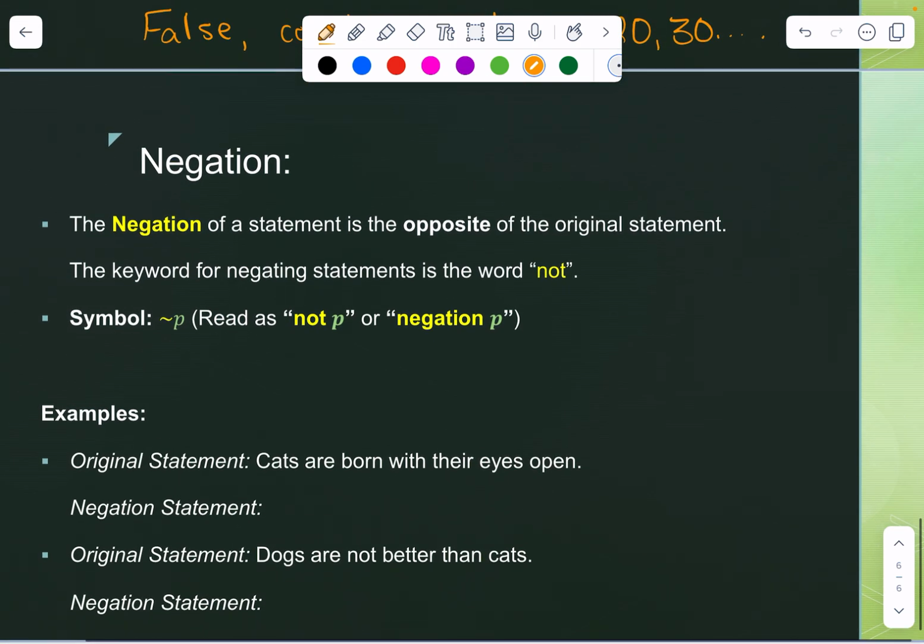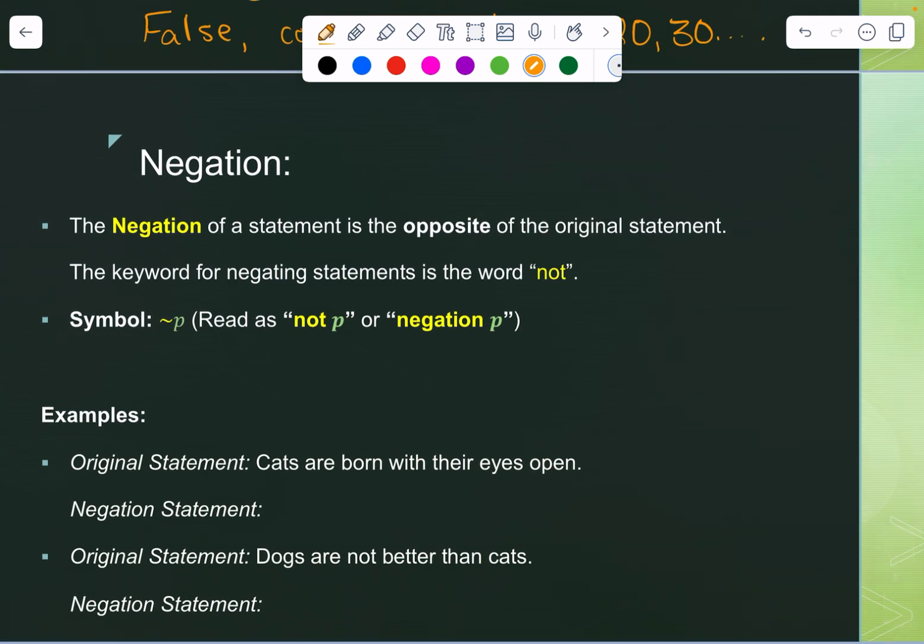Now, the last thing we're going to talk about with conditional statements is a negation. The negation of a statement is the opposite of the original statement. Typically, the key word for negating statements is the word not. The symbol we use is that little tilde in front of P. That is read as not P or the negation of P. If I give you an example, original statement: cats are born with their eyes open.